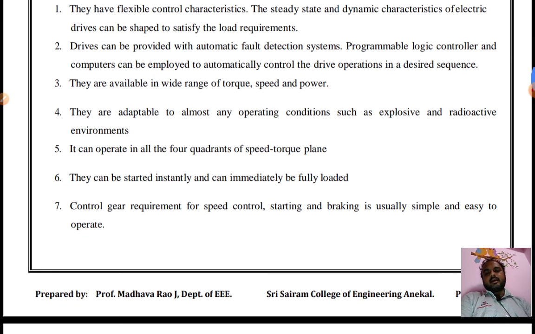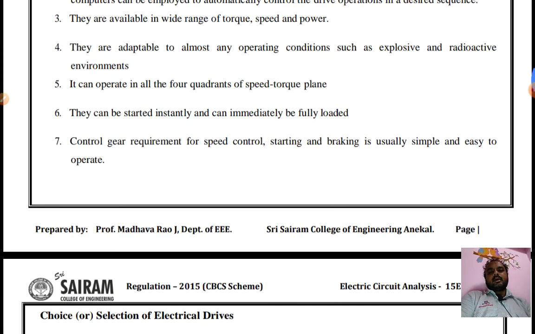Next, they are adaptable to almost any operating conditions such as explosive and radioactive environments. They can operate in all four quadrants of the speed torque plane, for example a hoist or crane. It will operate in braking mode, motoring mode, regenerative braking and so on, that is four modes: multi-quadrant or four-quadrant operation.